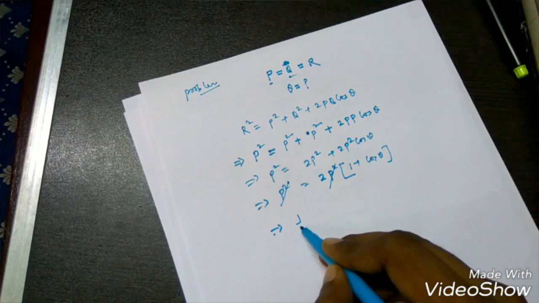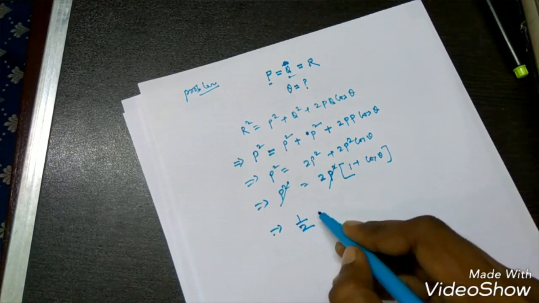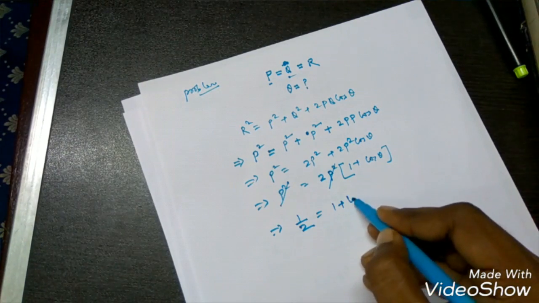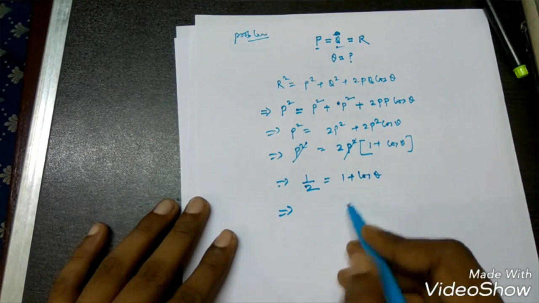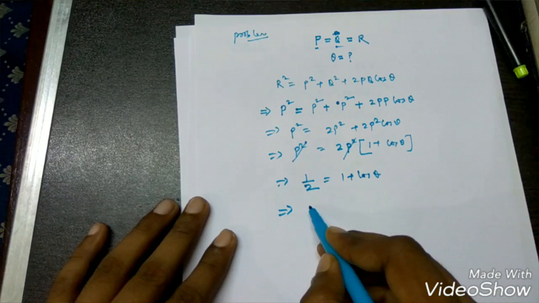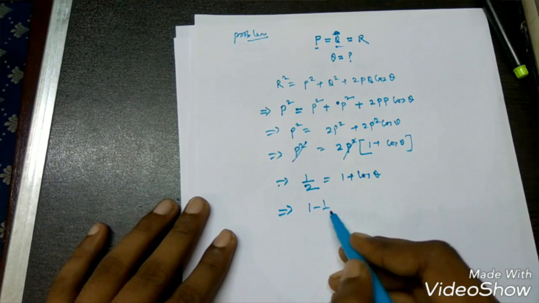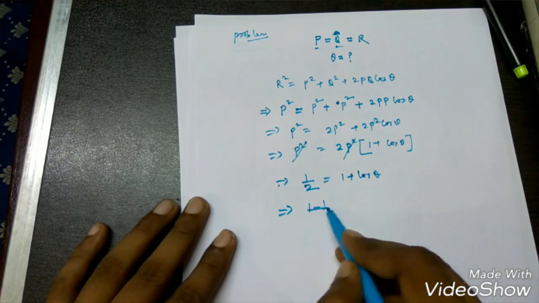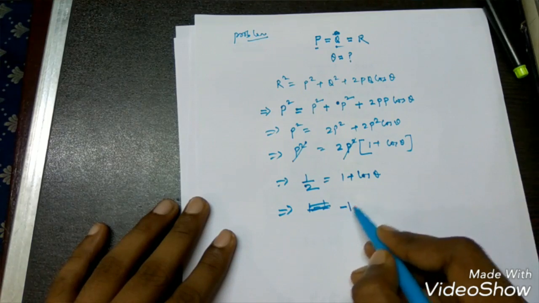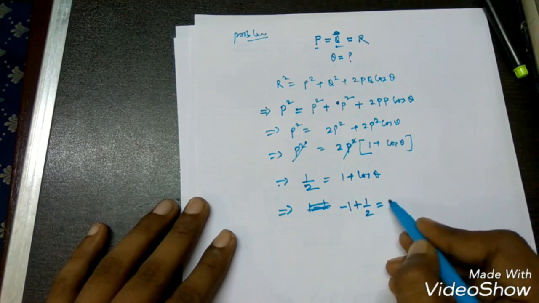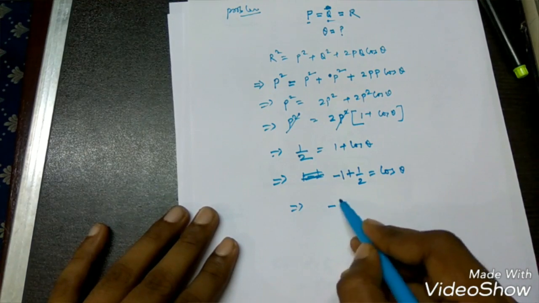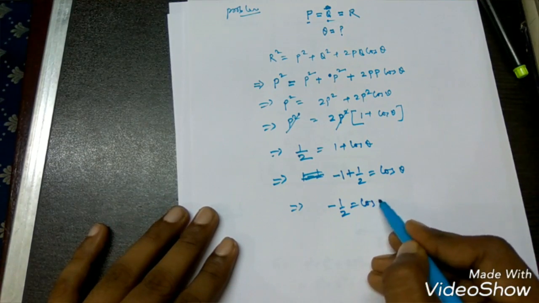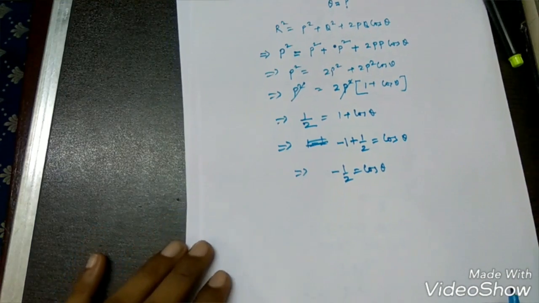So the expression becomes 1 by 2 is equal to 1 plus cos theta. So cos theta will be equal to minus 1 plus 1 by 2. So cos theta will be equal to minus half.